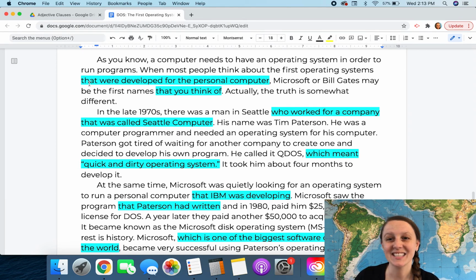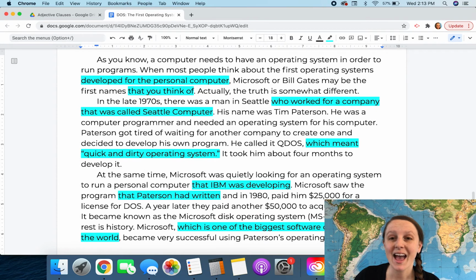With the subject relative pronoun and the be verb, we can delete them, and now we have an adjective phrase, a reduced adjective clause. When many people think about the first operating systems developed for the personal computer, Microsoft or Bill Gates may be the first names that you think of.